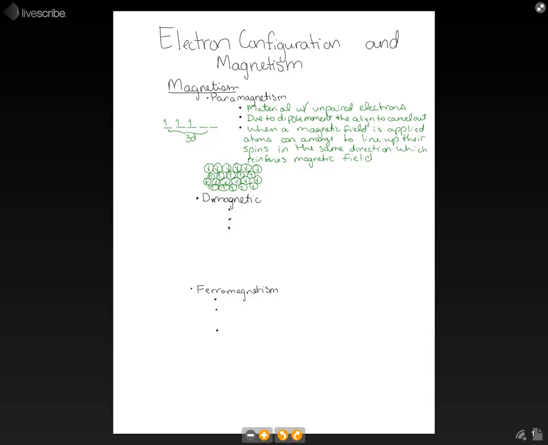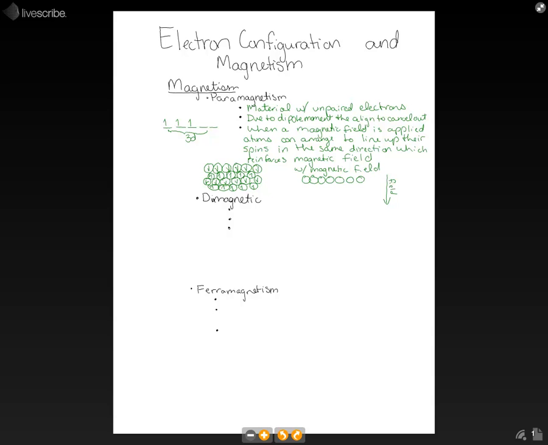So now looking at when a magnetic field is applied, with a magnetic field, they're all going to align with that field. So the field, let's say, has a dipole in this direction.